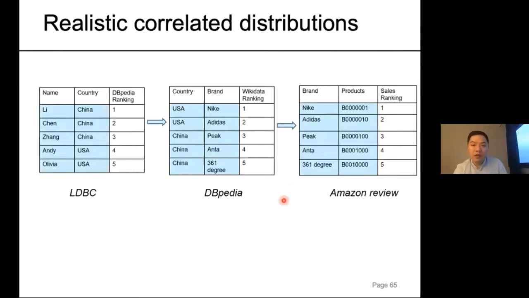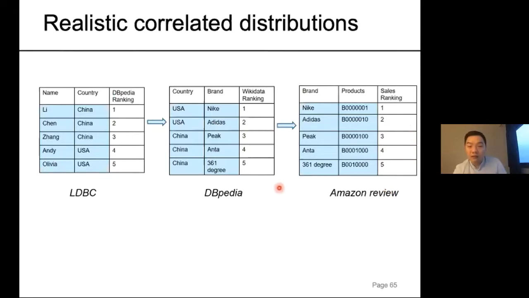Moreover, we leverage the real data distribution to rank the values. That is the TPPD ranking for the country, the Wikidata ranking for the brand, and finally the sales ranking for the products.